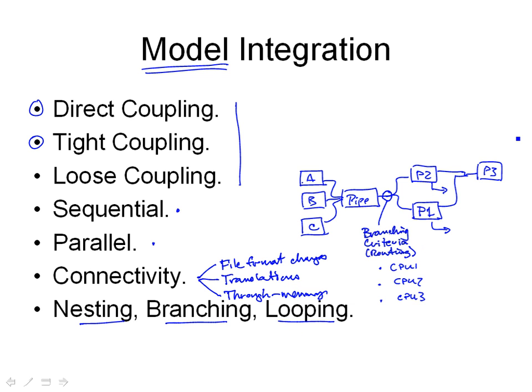Looping would be, for example, this is our gas processing, our dew point controller. So the gas here might be going back, being re-injected. But then maybe this becomes another branching, meaning that we have this routing, where to send the gas, A, B, or C. So we've got basically looping data.